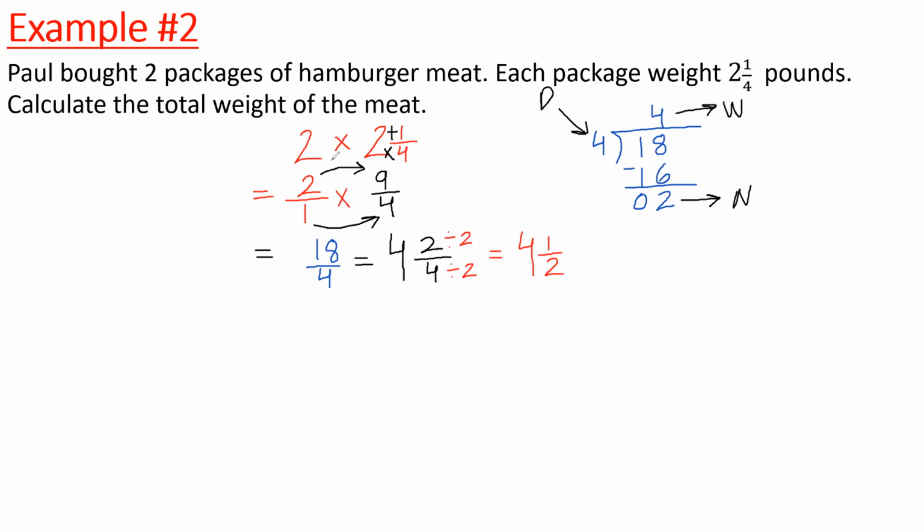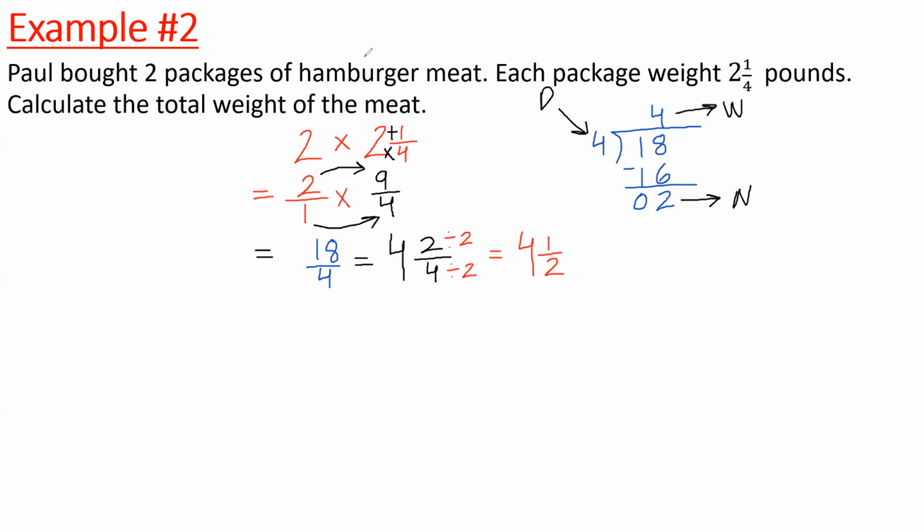Okay, Sabria, explain how we got 4 and 1 over 2 from the top. So first we write down the equation, which is 2 times 2 and 1 over 4. In order to work this out, you have to change the mixed number into an improper fraction.